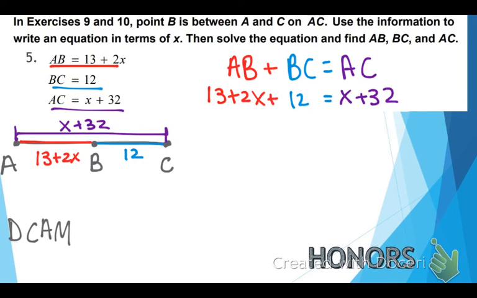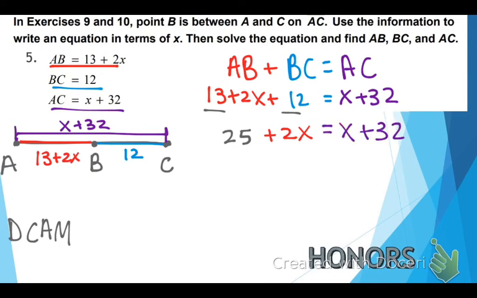Do you have like terms? Yes. You've got that 13 and 12. They are on the same side. So you do need to just combine them. You have a positive 13 and a positive 12. So what will that combine to? 25. Okay. We'll drop down that 2x. And it will equal x plus 32.